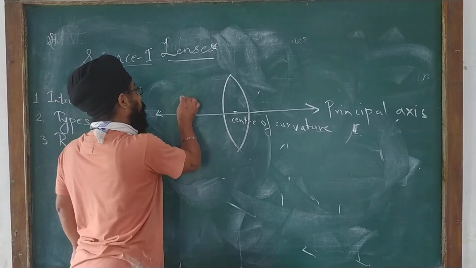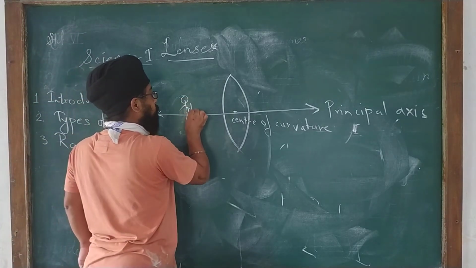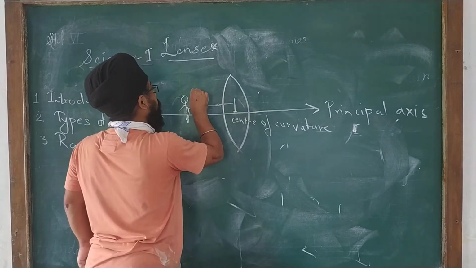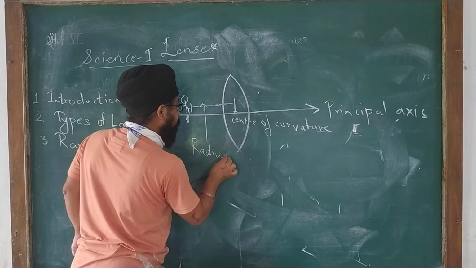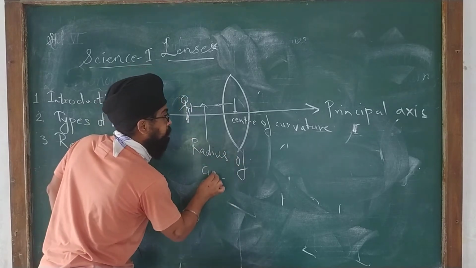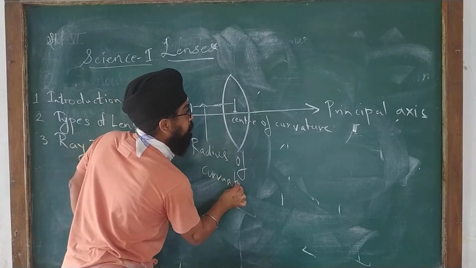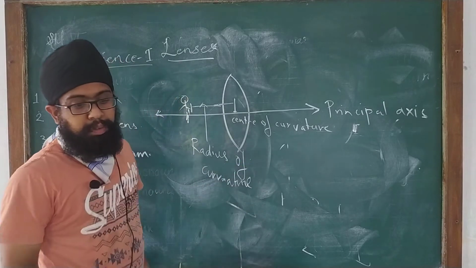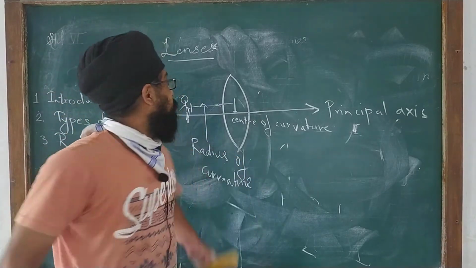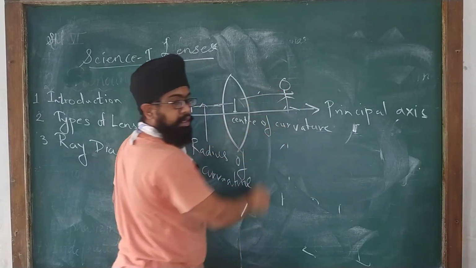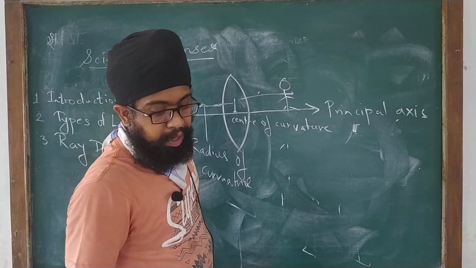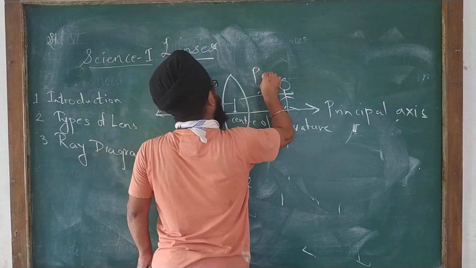If the object is over here, the distance between the object and the center is said to be your radius of curvature, correct? If the object is over here, this is said to be your principal focus.